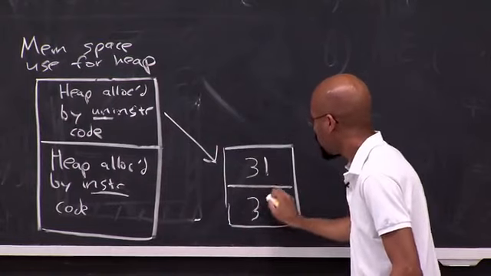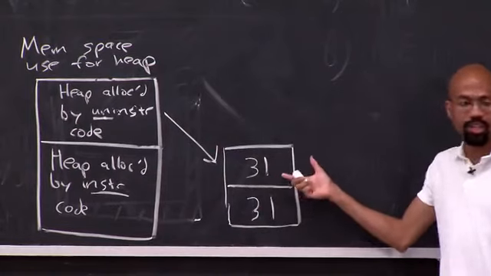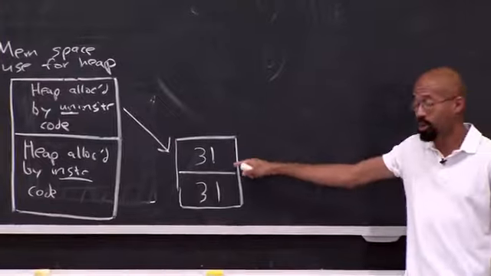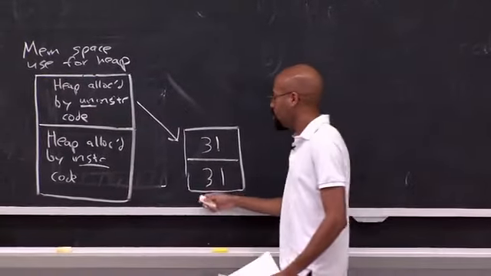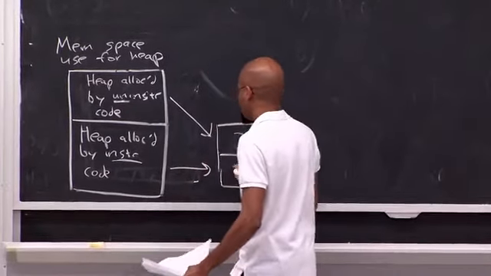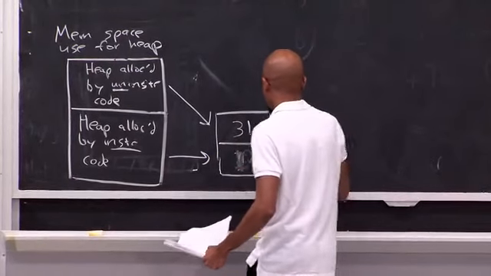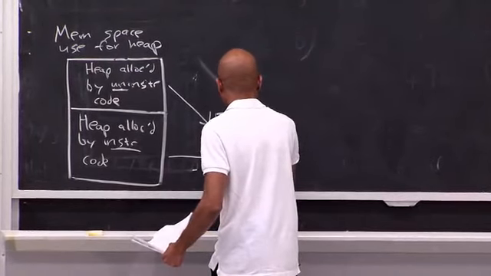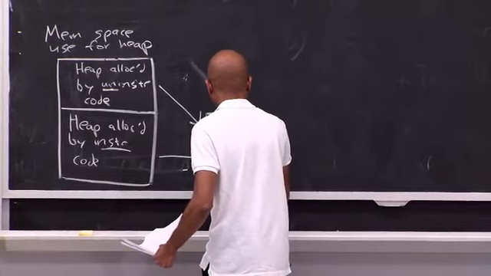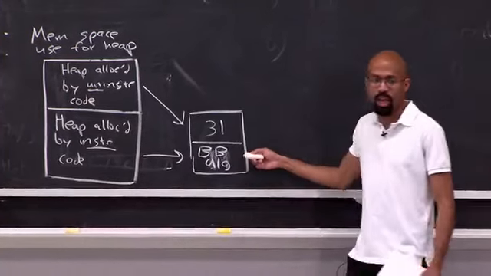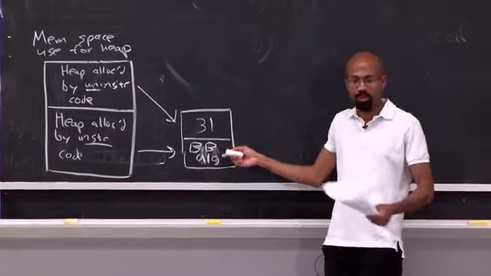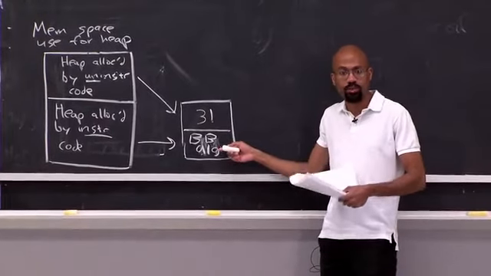So initially, all of the bounds table, all the entries are initialized to 31, right? But then eventually, as the instrumented code runs, it's actually going to use the baggy bounds algorithm to set these values to whatever should be appropriate for that particular instance of malloc or instance of free, right?